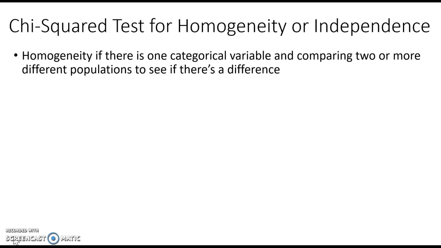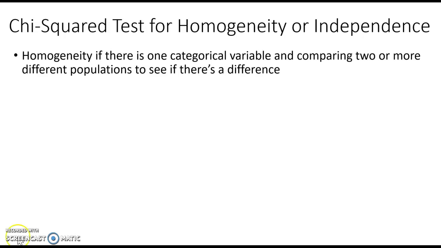Now for these two tests, this would be more so if you are, one, trying to compare two different populations with one categorical variable, or independence would be if you had multiple categorical variables and you're trying to see if they are dependent or independent.